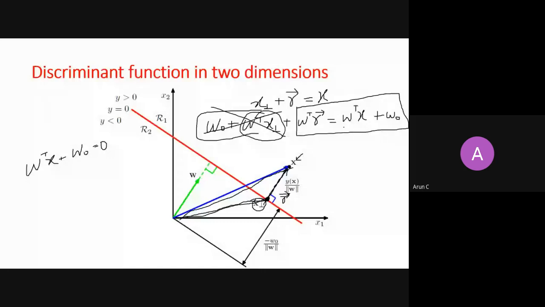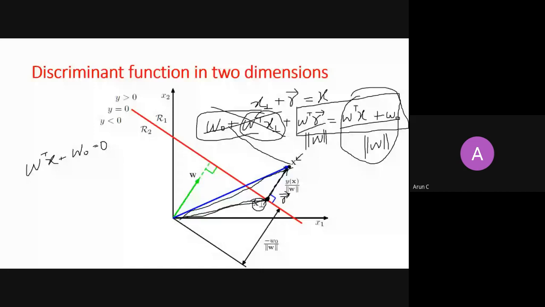To find out the absolute vertical distance, you just do like this. What will this term give you? It will give you the absolute projection of X on the unit vector W, which comes somewhere here, right?